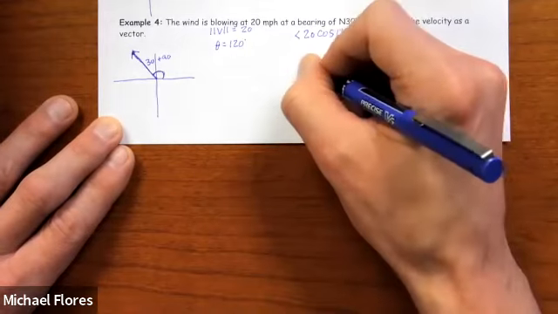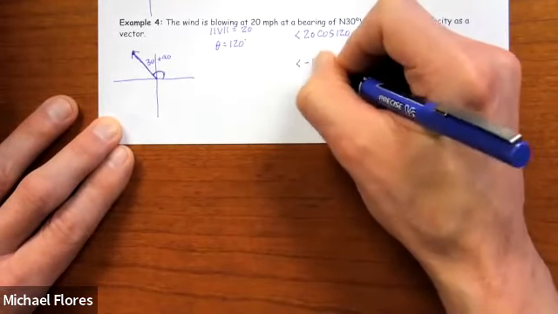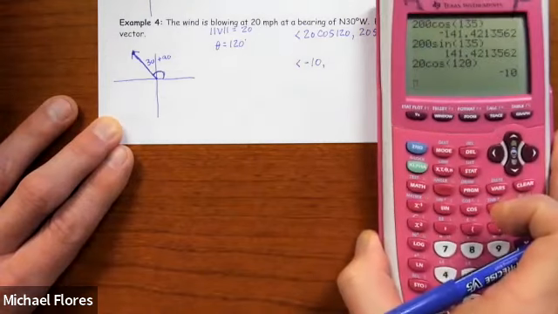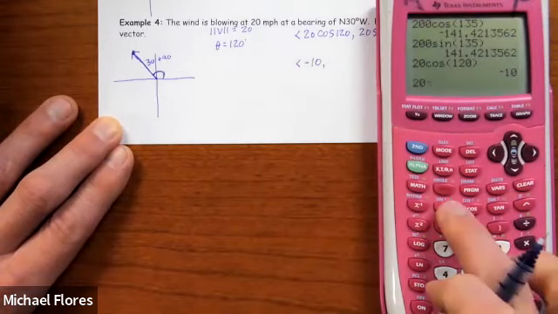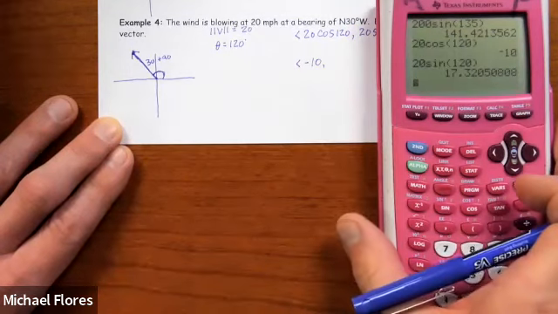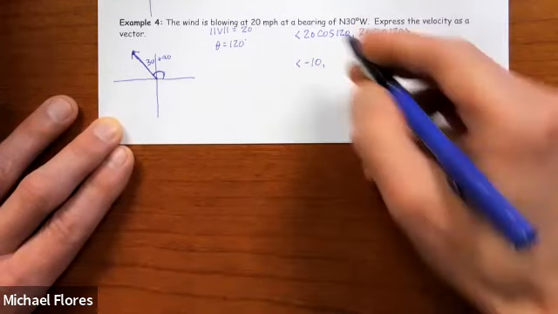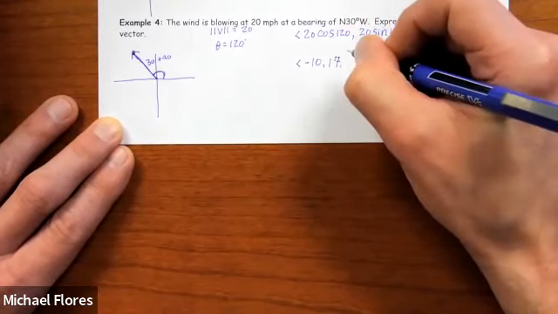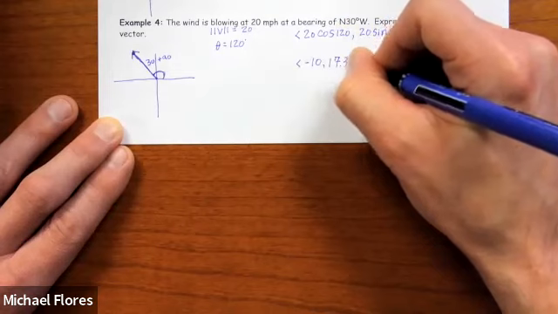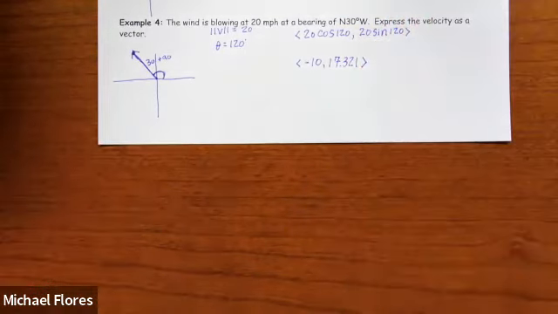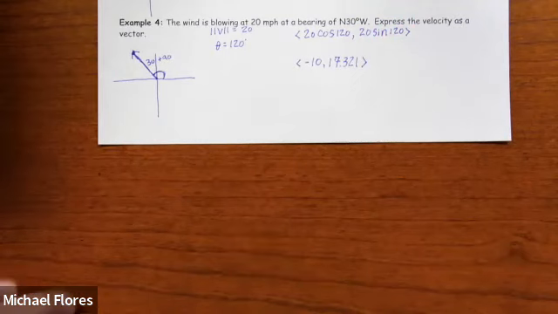Negative 10 for our cosine value, and 17.321 for our sine value. We have now expressed the velocity as a vector.